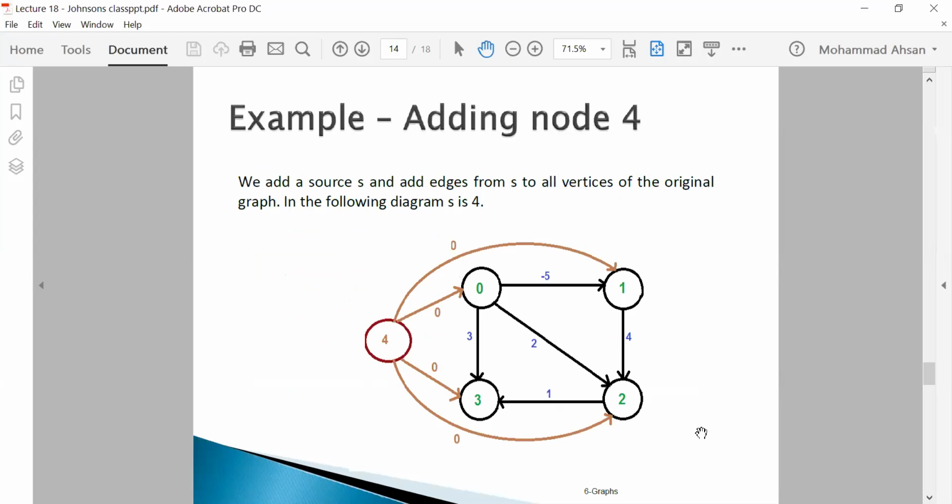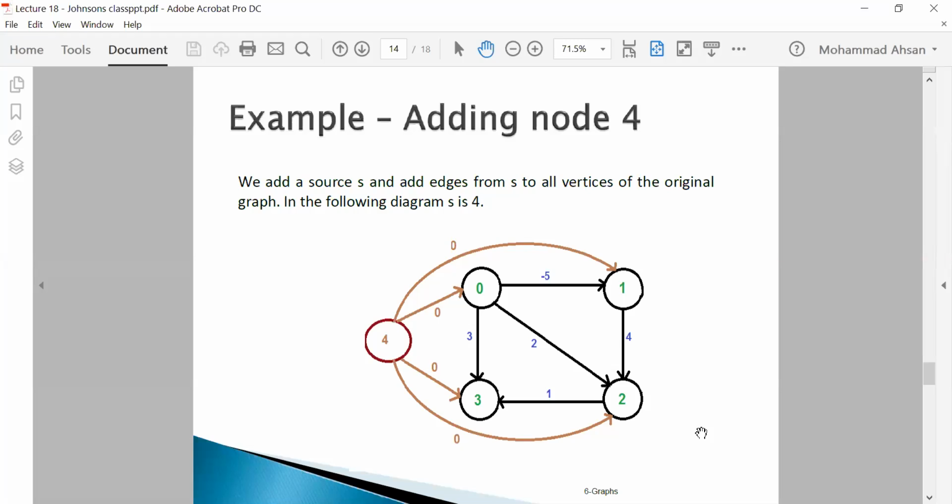Okay, so first thing is you add a node number 4 as a source vertex, and there are only outgoing edges from this to all the other vertices, and you assign a weight of 0. Okay, and nothing changes in the graph. The original graph is the same.